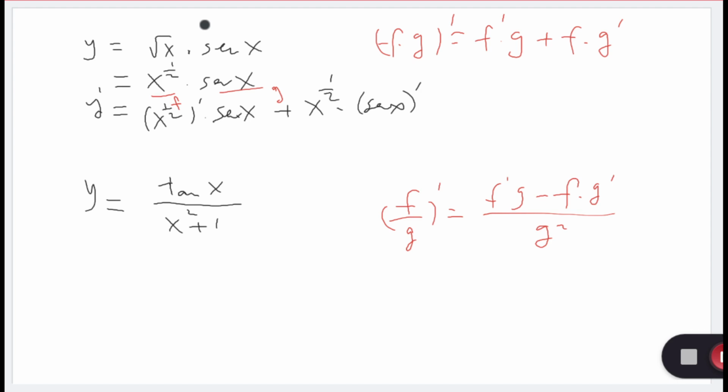So f prime times g plus f times g prime. Set it up like the formula here. And then you finish up the differentiation. First is the power. We differentiate the power by bringing down the power half and then reducing the power by 1, subtract 1 from 1/2, times secant.